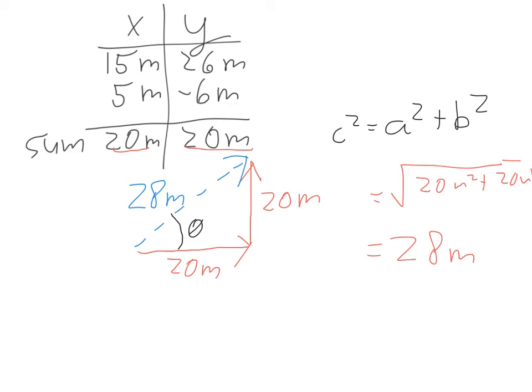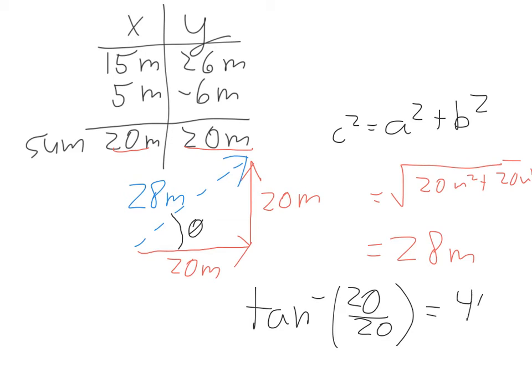I can then determine that angle by using the inverse of tangent, and I would just put in my opposite and adjacent side. In this case, it would be 20 divided by 20. And the inverse tangent of 1 would give us an angle of 45 degrees. So when all is said and done, the displacement for Johnny in our example was 28 meters with a direction of 45 degrees.